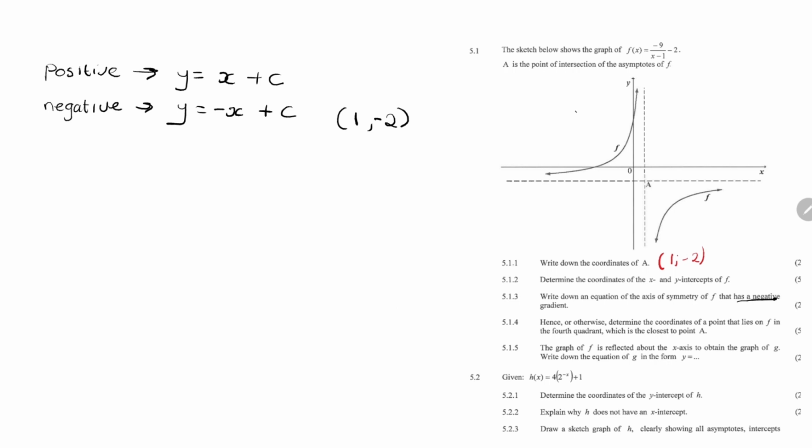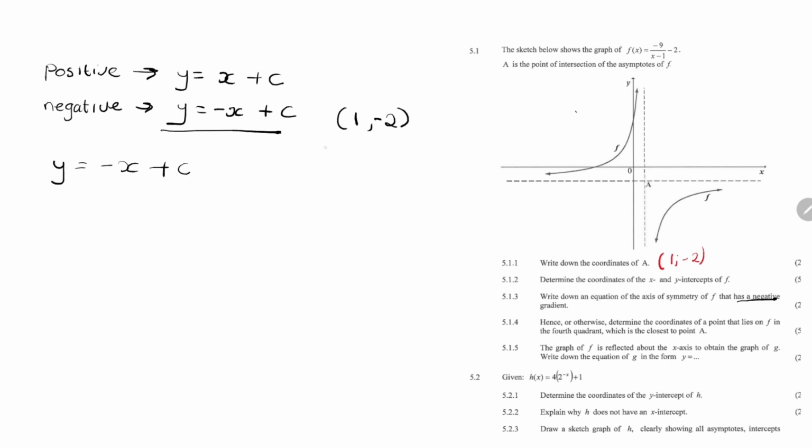So we would use those coordinates to find the equation of the axis of symmetry. So we will use this formula because we want the one which has a negative gradient. So y equal to minus x plus c.